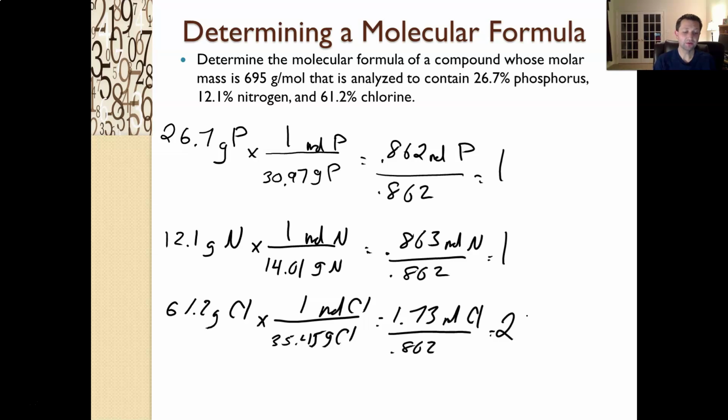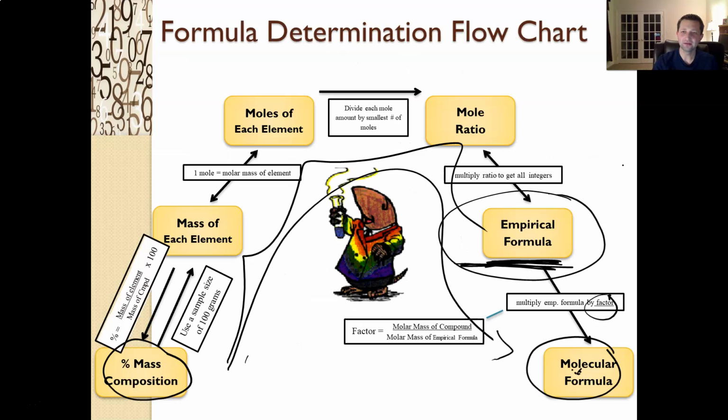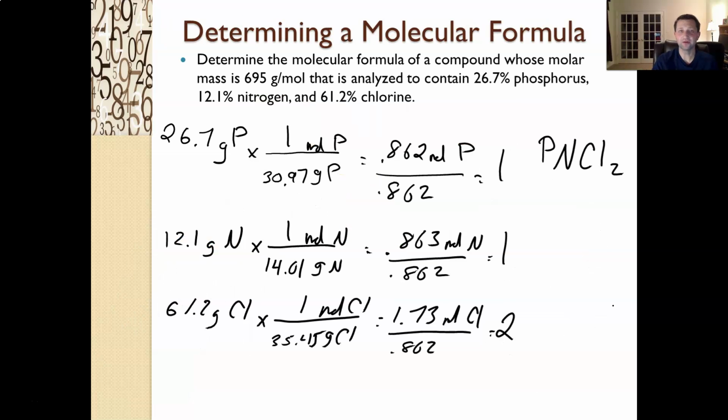Okay, so I can get my empirical formula from this. It'll be PNCl2. All right, that's my empirical formula. Now what do I do? If I go back to my rainbow thingy, once I have my empirical formula, I find out what my factor is going to be and see what I should multiply by to get my molecular formula, if I have to at all.